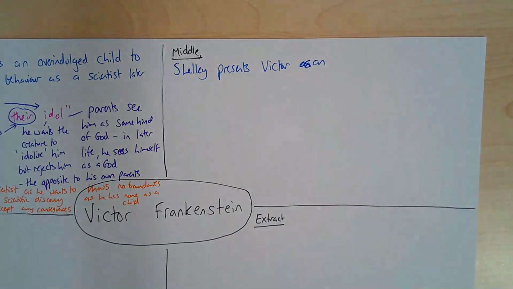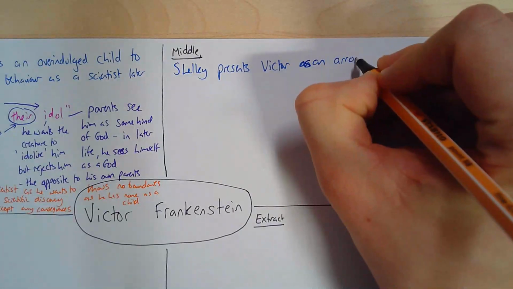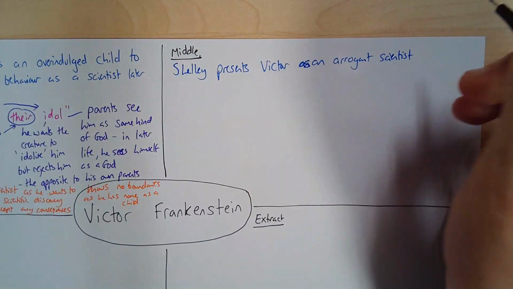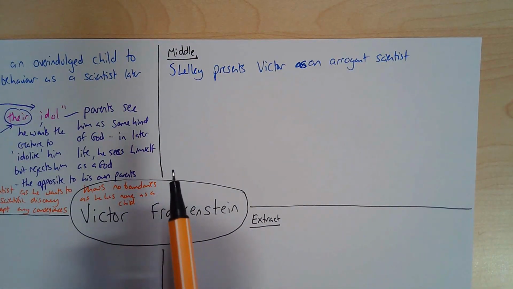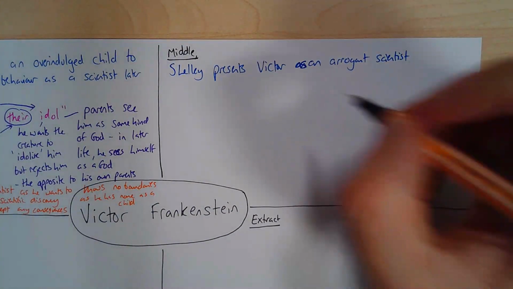And she presents Victor as an arrogant scientist, as we've alluded to here. He's no longer this overindulged child. He's an arrogant scientist, but also a tragic hero.